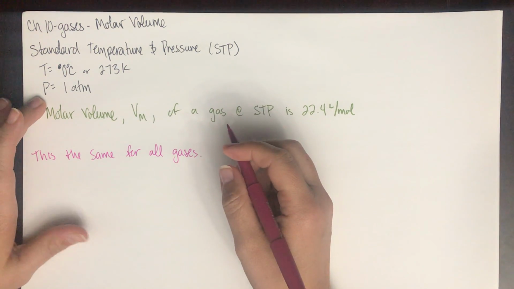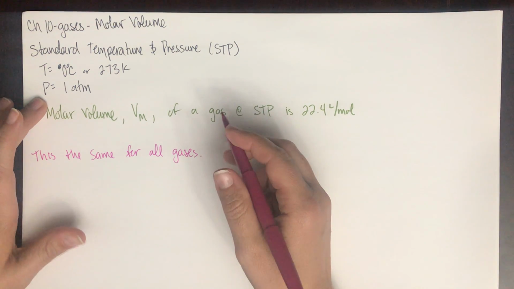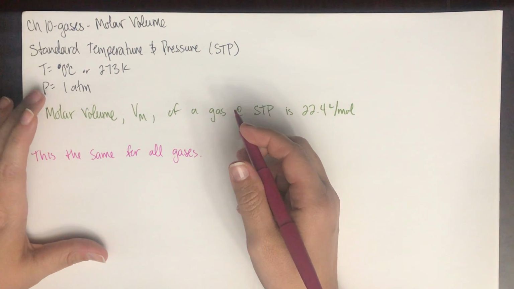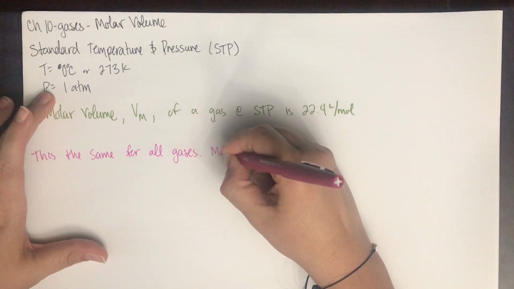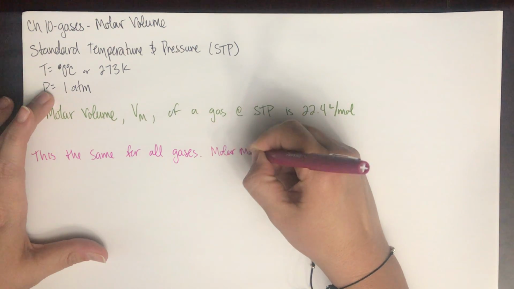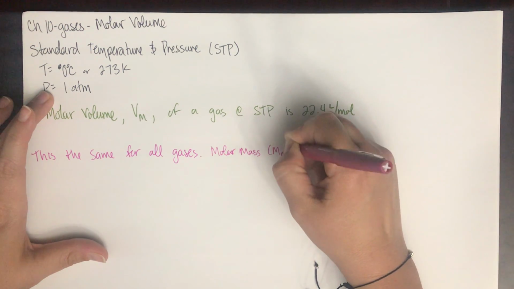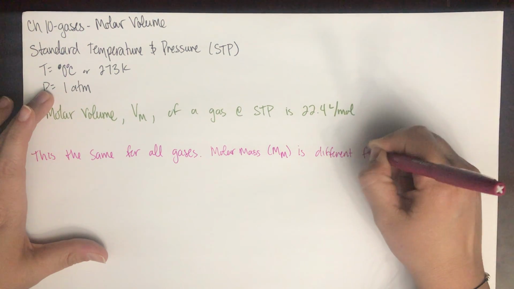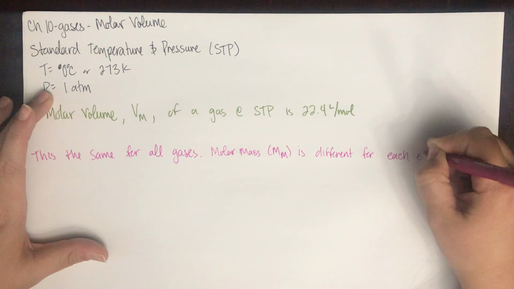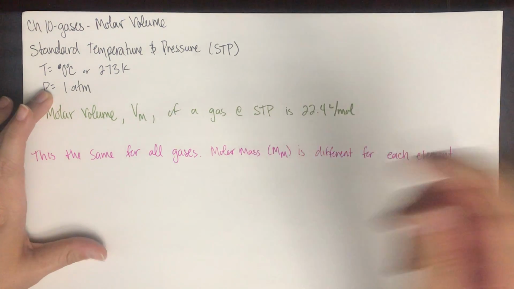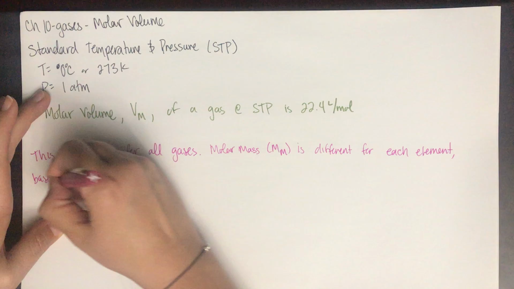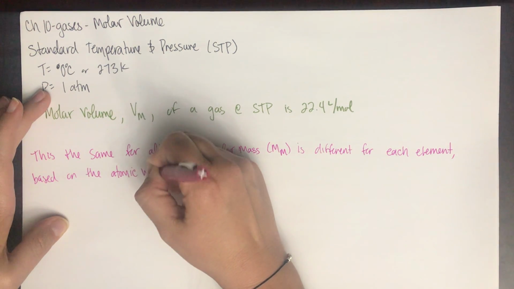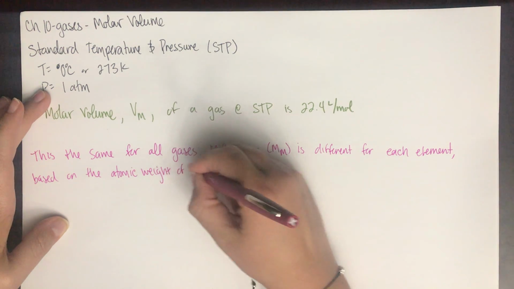So remember with masses, when we're talking about the mass of a different element, molar mass is different for each element. Molar mass is based on the atomic weight of each element.